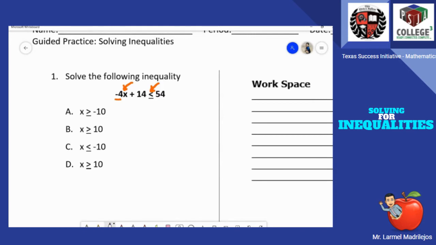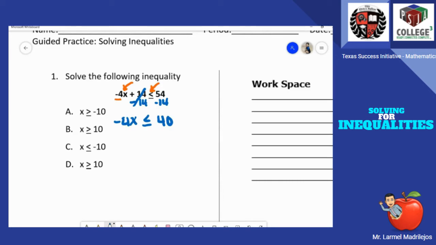Let's do the operation. So negative 4x plus 14 less than or equal to 54. I'm going to isolate. So I need to take the opposite of positive 14, which is minus 14. I'll do minus 14 on both sides of the equation. That cancels out. This gives me 40, less than or equal to negative 4x.